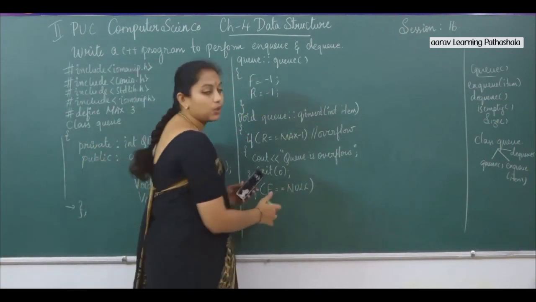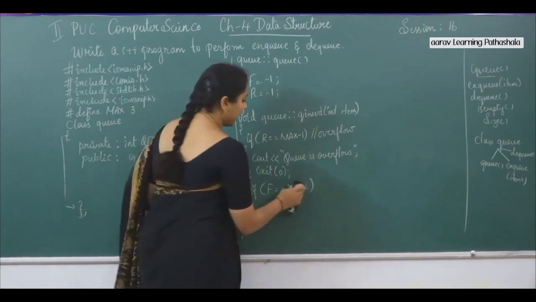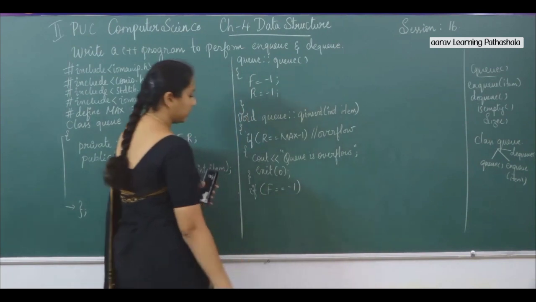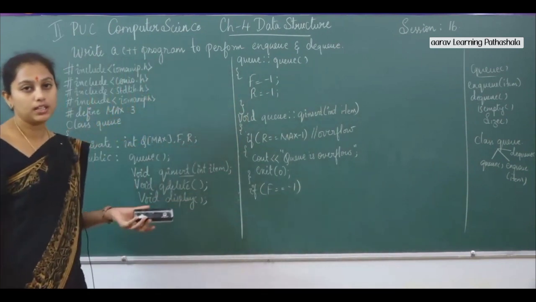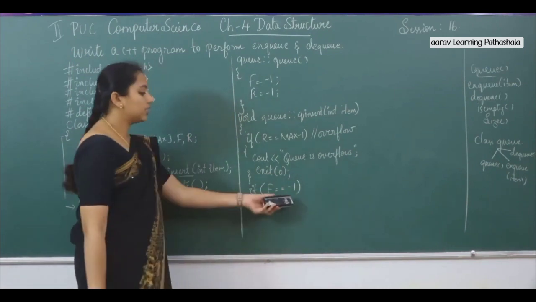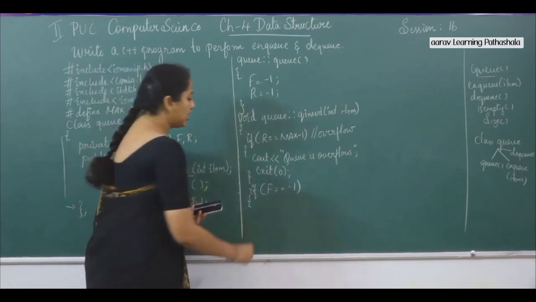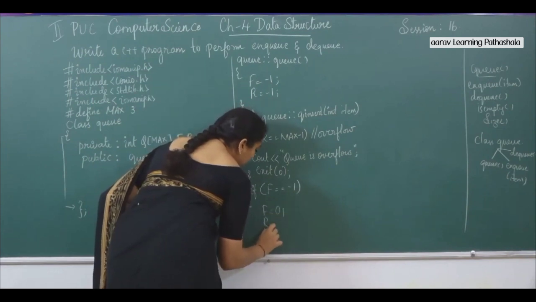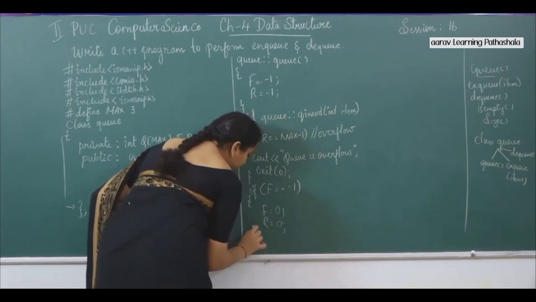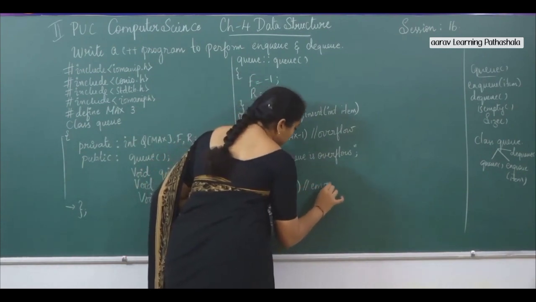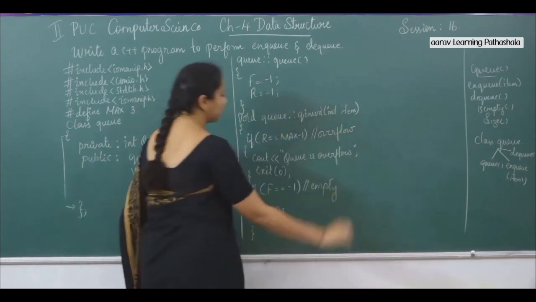If front is equal to null, or we can write it as -1. If front is equal to null or -1, then the queue is empty, and the pointers of front as well as rear will be 0. Here we are checking for the emptiness of a queue.